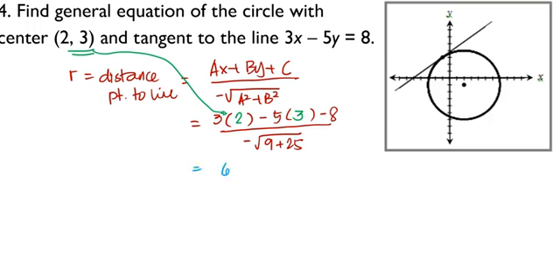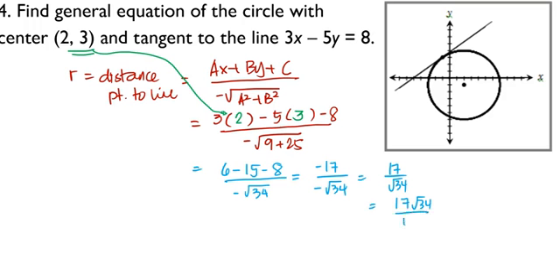So this becomes 6 minus 15 minus 8 all over negative square root of 34. So 6 minus 15 minus 8 is negative 17, right? Over negative square root of 34, or simply 17 over square root of 34. So this one, if we cancel, that's all over 2.